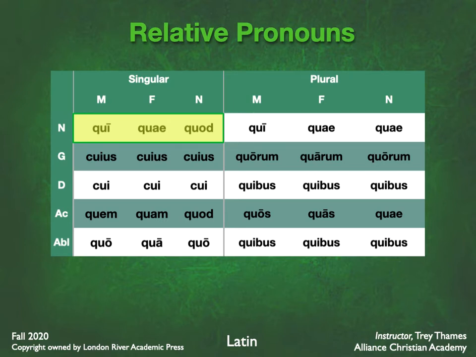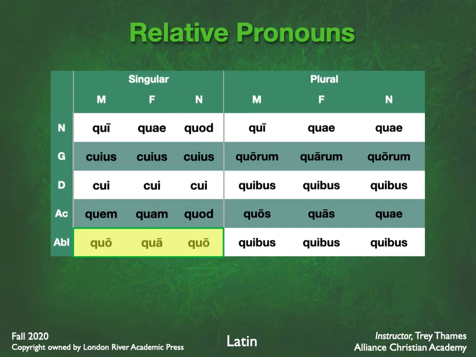If you remember when we did hic, haec, hoc, and ille, illa, illud, all those demonstrative pronouns, instead of going down the column, we go across the row: masculine, feminine, neuter, singular, and then genitive singular, dative singular, etc. So when we memorize this it will be like this: qui, quae, quod, cuius, cuius, cuius, cui, cui, cui, quem, quam, quod, quo, qua, quo.